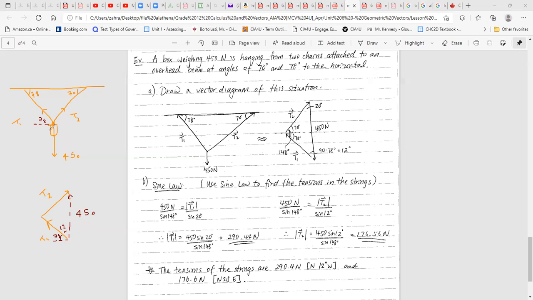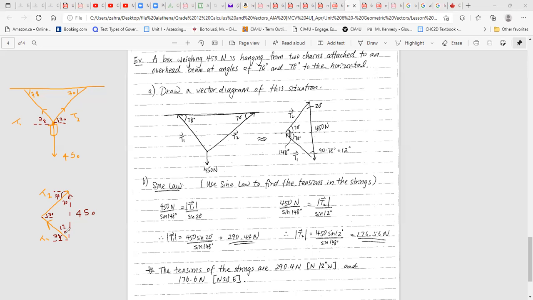Same thing here: with the x-axis, this is 70. Here is 70 degrees, and by Z pattern it is going to be 70 as well. Here is 90 degrees, and 90 minus 70 is 20. So you have 20 here.